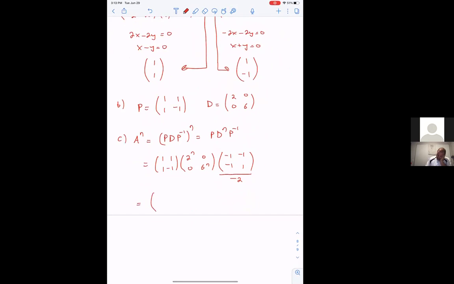So what do we get here? We get 2 to the n, 2 to the n, 6 to the n, negative 6 to the n, times negative 1, negative 1, negative 1, 1 with the constant negative 1/2. Actually, because it's negative 1/2, I will factor that negative in and change all the signs and just multiply it by positive 1/2.